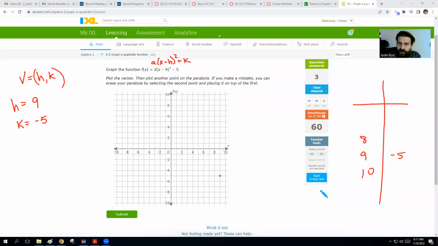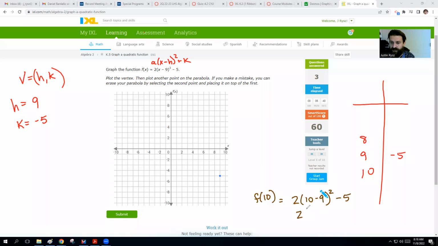Next, to get another point, we're either going to plug in 8 or 10. We can plug in either one to our equation to figure out the other value. So I would probably say plug in 10. So what's f of 10? That's going to be 2 times 10 minus 9 squared minus 5.